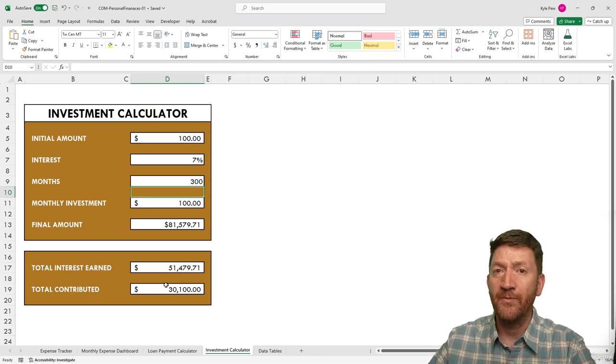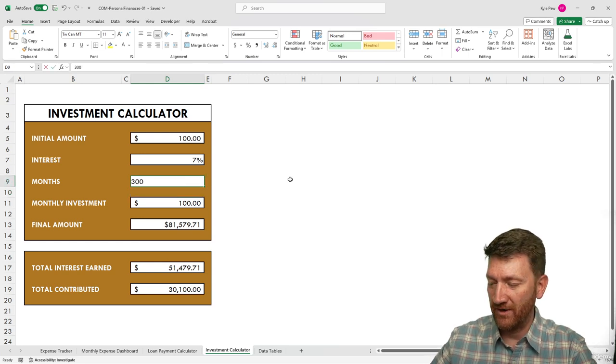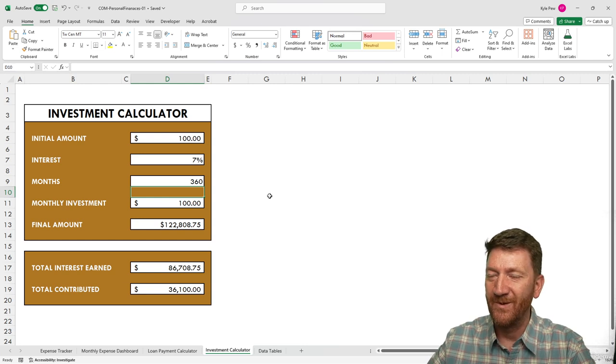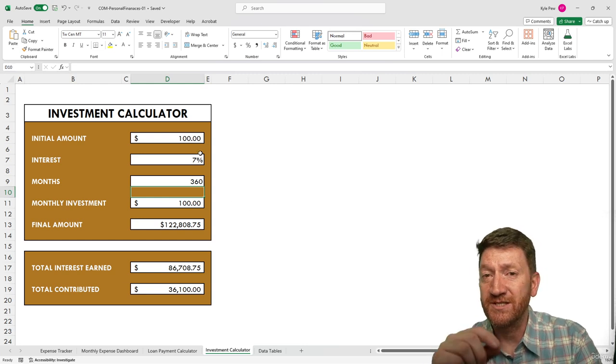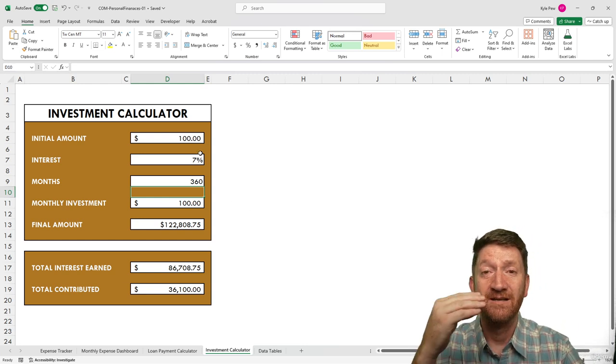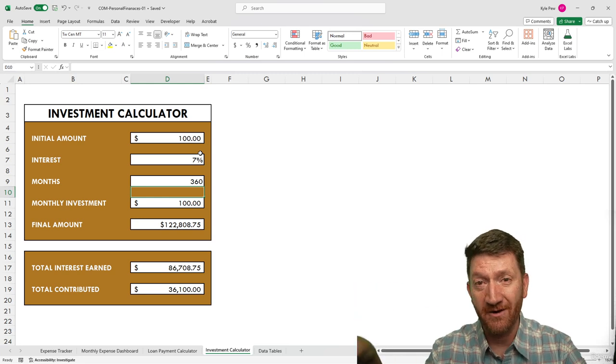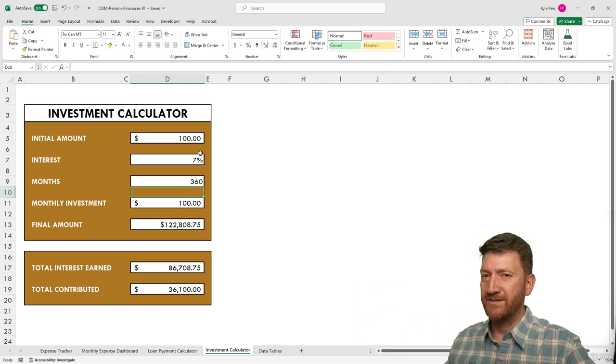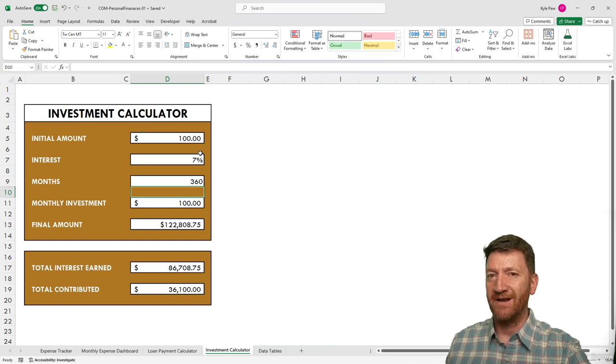What if I go 30 years? Right? So this is going to be 360. I'll hit my enter key. Ooh, look at that. This is just the initial $100 and $100 every month for the next 360 months. That's 30 years, right? What's the standard age range for working, right?